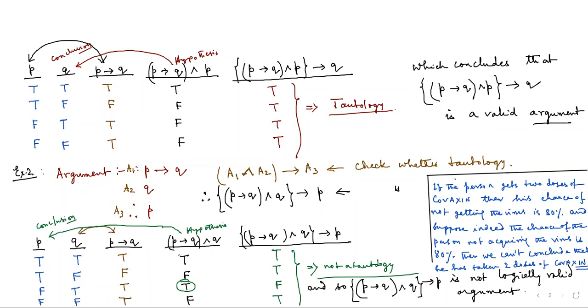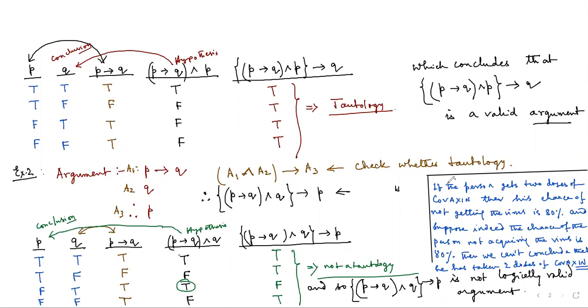Why is it so? Because it may so happen that probably he has got 2 shots of Covishield and not Covaxin, and therefore his chance of not acquiring the disease is 80%, or maybe he is immune to the system.